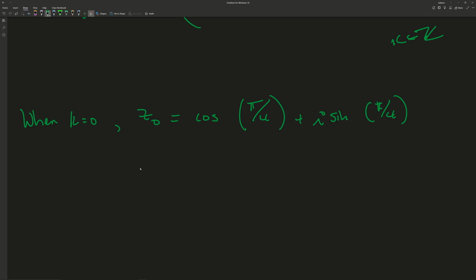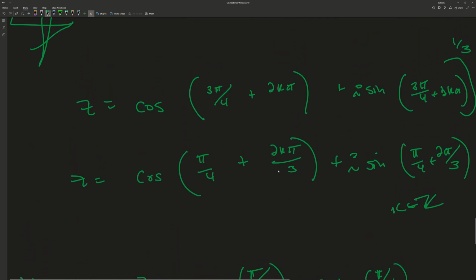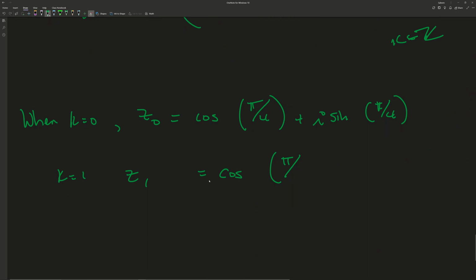So if we're not counting this, let's look at z1. When k is 1, we get the cos of 2 pi upon 3 plus pi upon 4, which gives me 11 pi upon 12, plus i sine 11 pi upon 12.